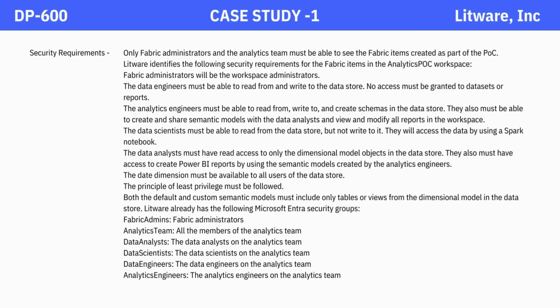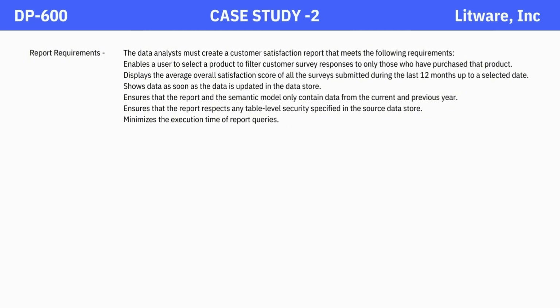Report requirements. The data analysts must create a customer satisfaction report that meets the following requirements. Enables a user to select a product to filter customer survey responses to only those who have purchased that product. Displays the average overall satisfaction score of all the surveys submitted during the last 12 months, up to a selected date.